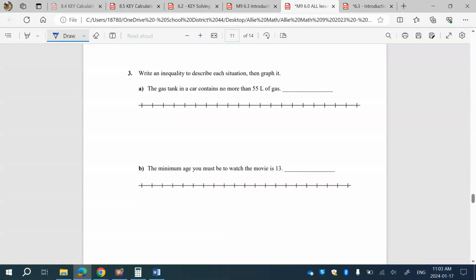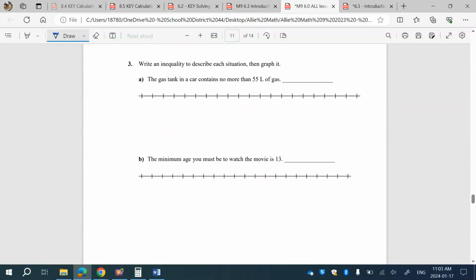We need to write an inequality to describe each situation, then graph it. Okay, so you have a gas tank and a car contains no more than 55 liters of gas. So it could include 55 liters of gas. It could get up to 55 liters of gas. Can't go above that. So x needs to be less than or equal to 55 liters.